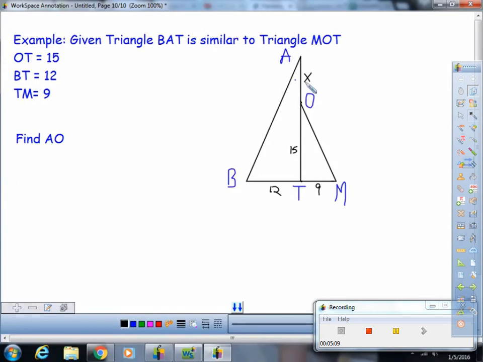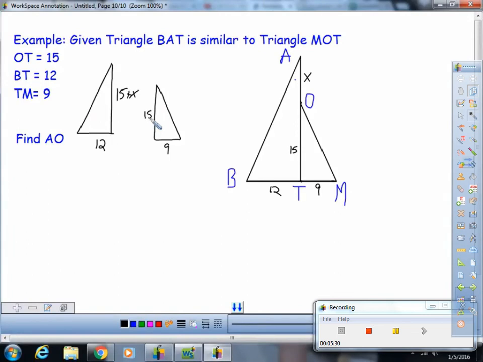All right, now, one thing that helps me when I do these problems is to peel the triangles apart. That stops me from making any stupid assumptions. Notice that that side is 15 plus x. On the other triangle, we have a 9 and a 15. Okay?